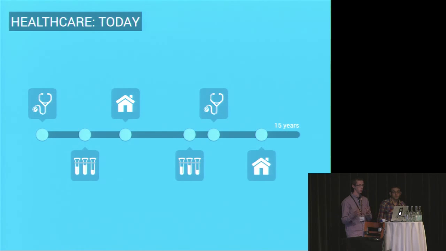They're also 100% genetic, which makes DNA sequencing a very attractive tool to use when you try to diagnose them. So the current situation is basically that these patients get into the hospital system, they meet a doctor, they get passed around to do some tests, they get sent home, they come back for more tests, get sent home again, meet some new doctors, and this goes on and on for maybe 15 years. And you never get to a conclusive decision. What is causing the disorder? How do we treat it, etc.